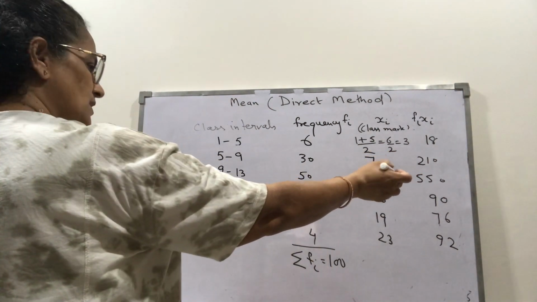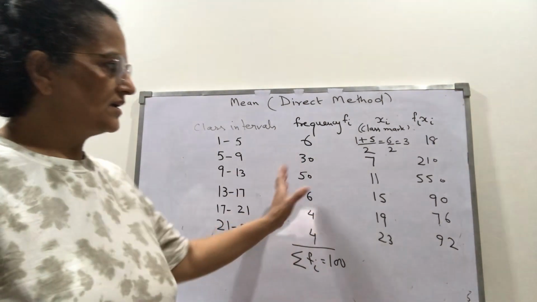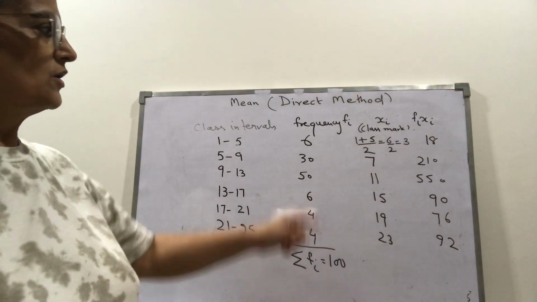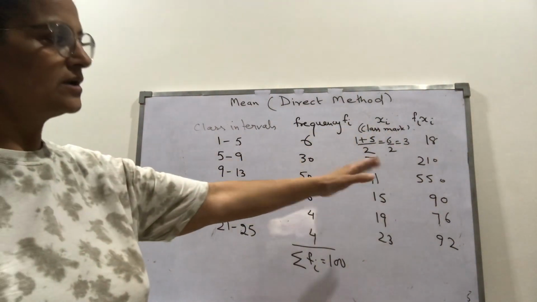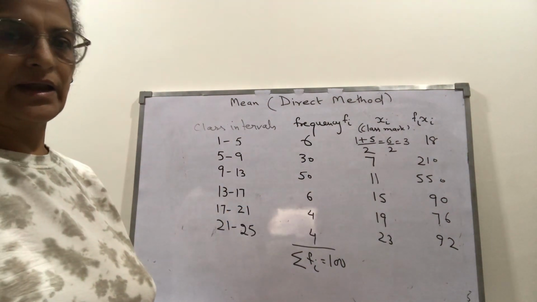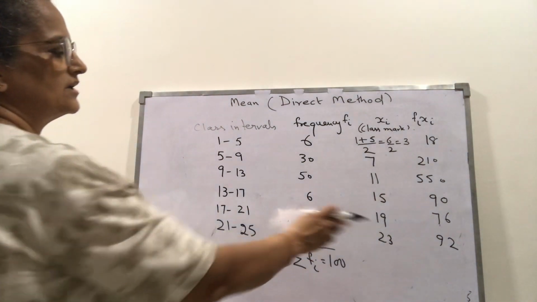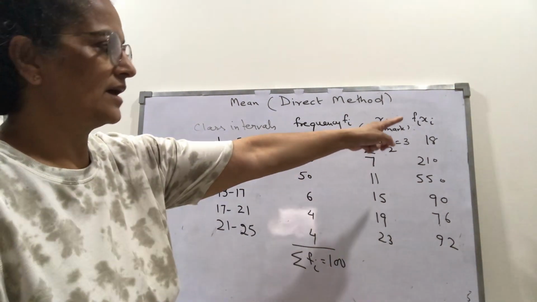Always recheck your calculation. Now I can easily multiply this, there is no need to make a column, you can do it mentally. Where you can do it mentally, it is better to use the direct method, and the calculations are simpler. You can easily find the product of Xi and Fi.